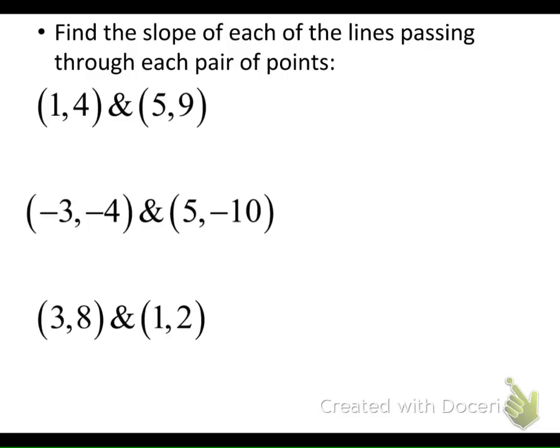So you have to use a formula to find the slope. What's the formula I'm going to use to find the slope of each of these ordered pairs? M equals Y2 minus Y1, and then X2 minus X1.